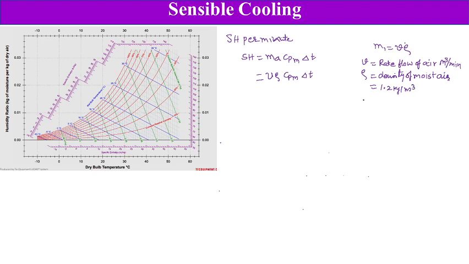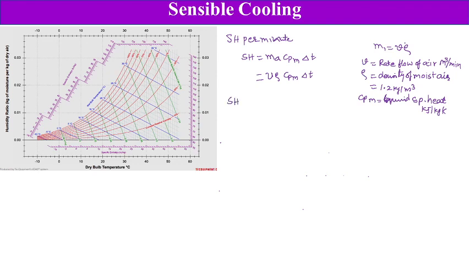And this CPM is specific or humid specific heat, in kilojoules per kg Kelvin. So now this can be written as sensible heat.